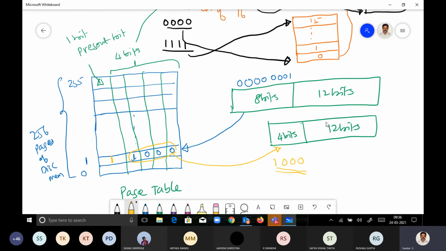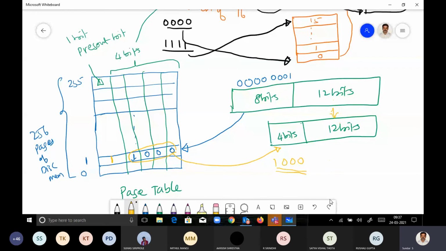In that 8th page, which byte we want, that information, the 12 bits, are copied here. So this will go to this location of the main memory, and it will read that page with this particular location in that page. This point is clear? Please answer me. Very easy.